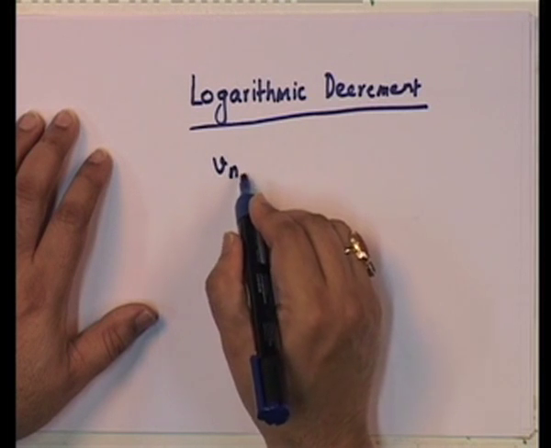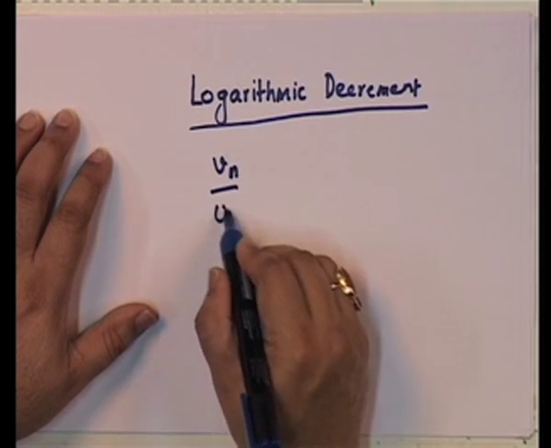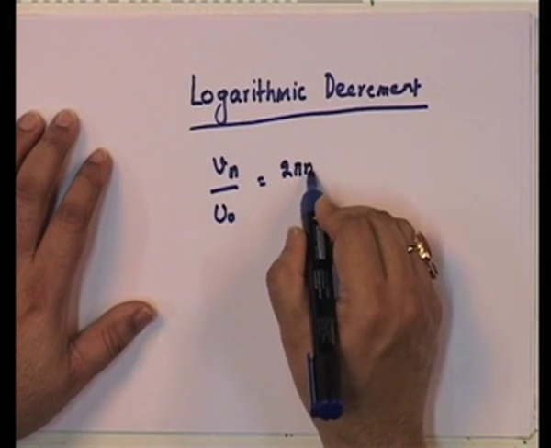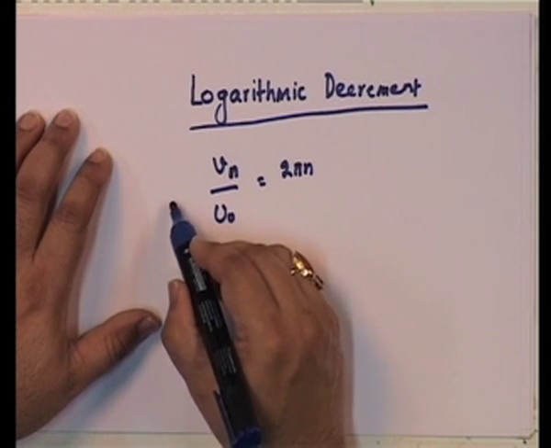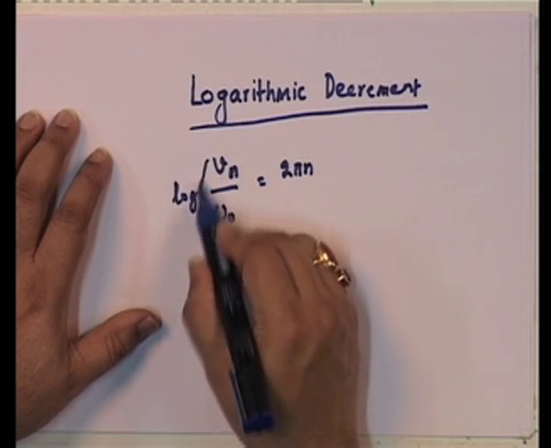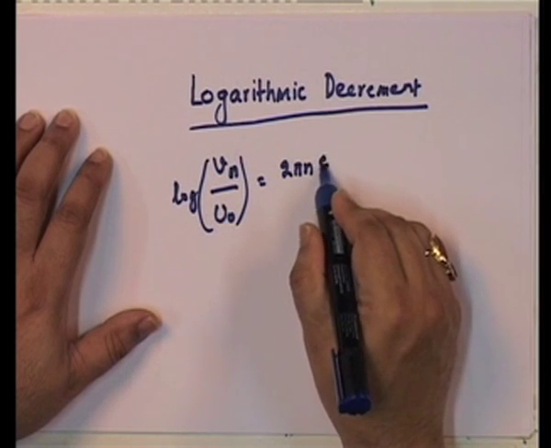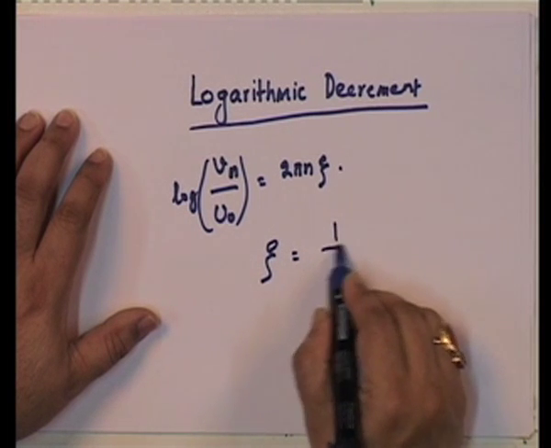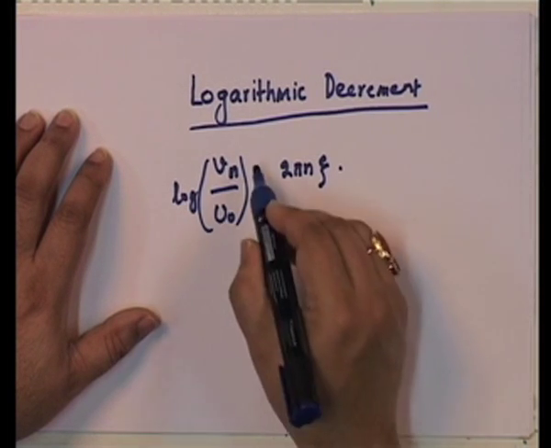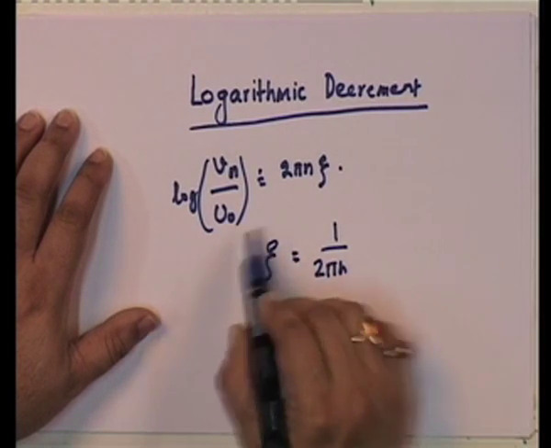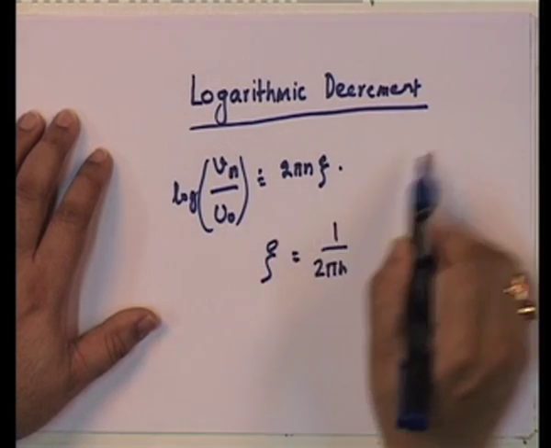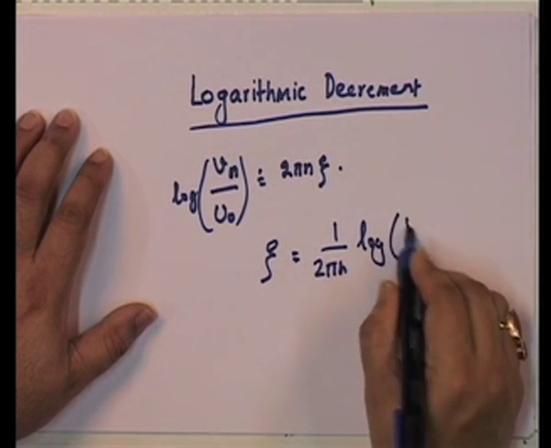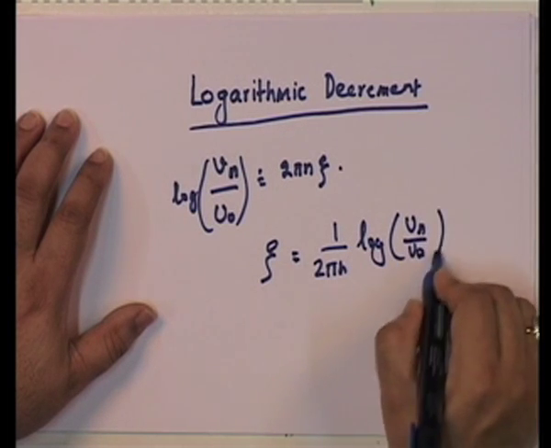V n upon V 0 is equal to 2 pi n xi. So xi can be obtained as 1 upon 2 pi, approximately, because there is an omega upon omega d which we are neglecting, times log V n upon V 0.